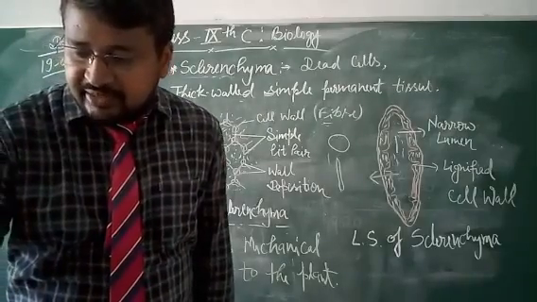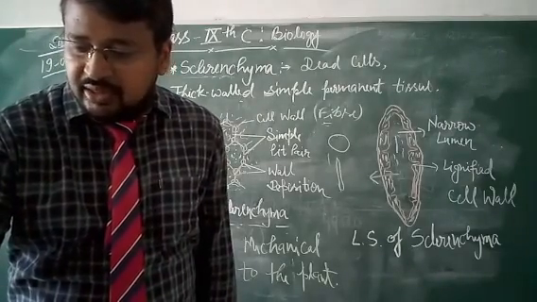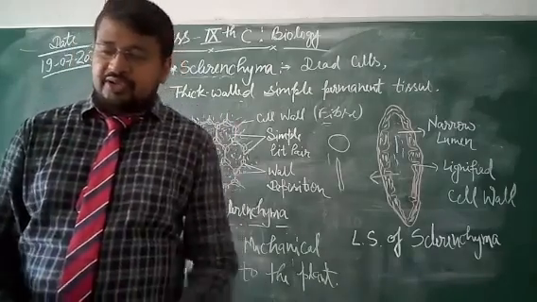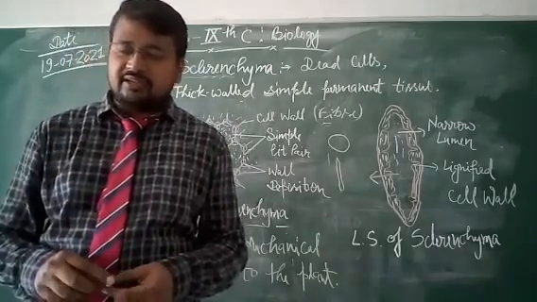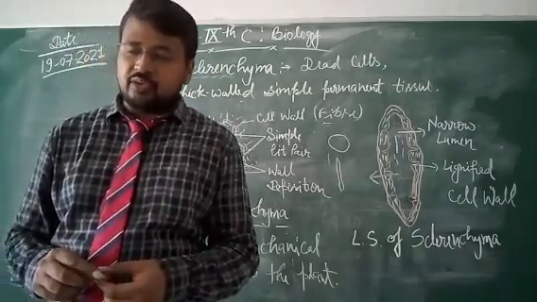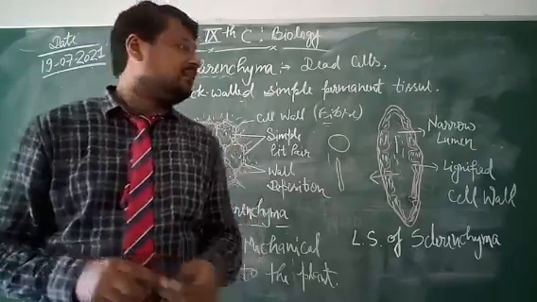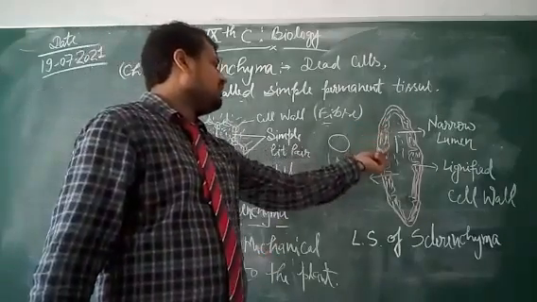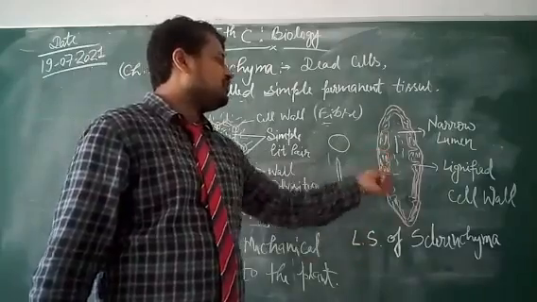Due to excessive thickness of the cell wall, sclerates may occur singly or in groups in stem, leaves, fruits and seeds. The walls are composed of layers of cellulose impregnated with lignin. This cell wall is made of cellulose and there is deposition of lignin.